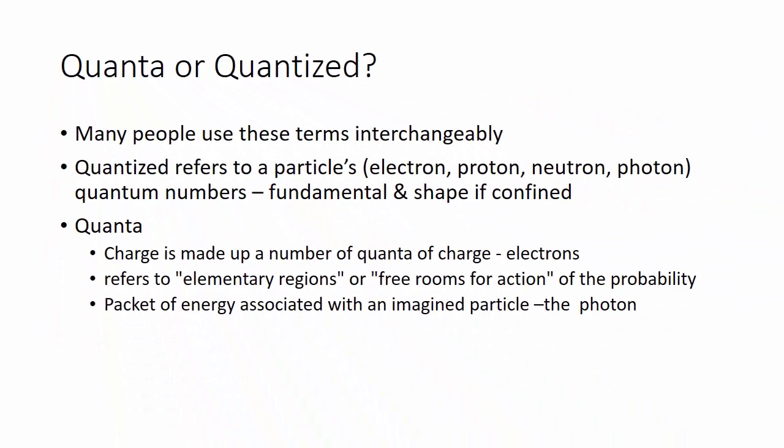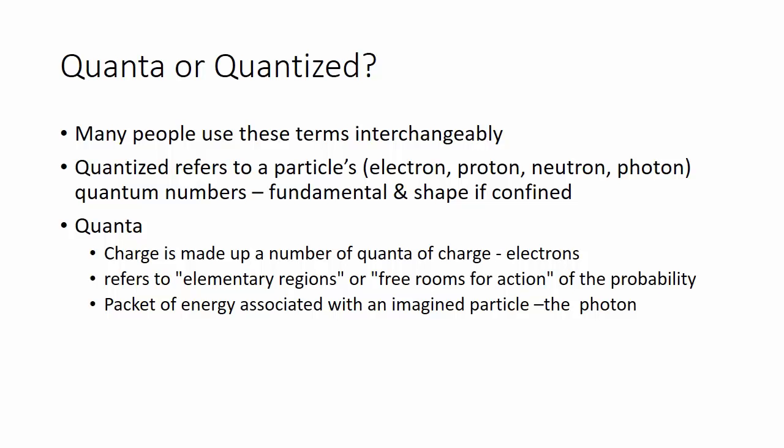It refers to a particle, which might be an electron, a proton, a neutron, or a particle of light, which we say gets ejected from these atoms when you excite them. And these particles have quantum numbers. And so when it's quantized, it has a distinct set of quantum numbers, like a license plate. It might be 0, 1, 8 or 1, 4, 7. They would refer to different quantum numbers, and each one they would refer to a different time.